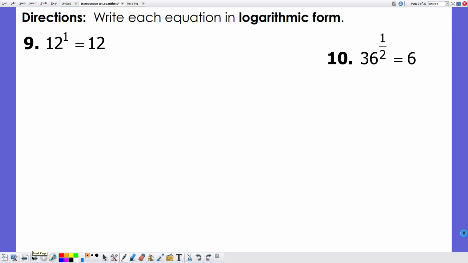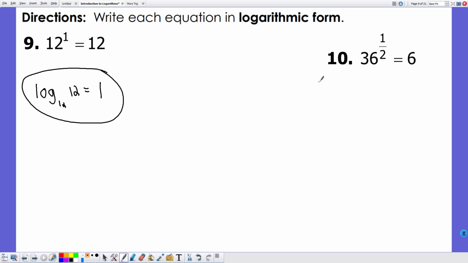Just keep going. We got our base is 12, exponent's 1, and then this one's a little funny, but log base 12 of 12. What power do I raise 12 to to get 12 back? Well, I raise it to the first power. And then log, again, our base is 36. 36 to some power equals 6.